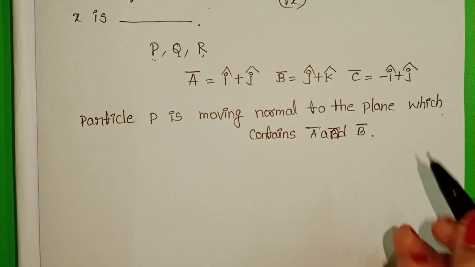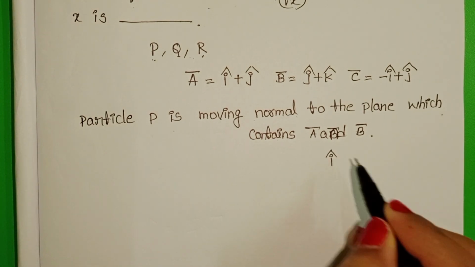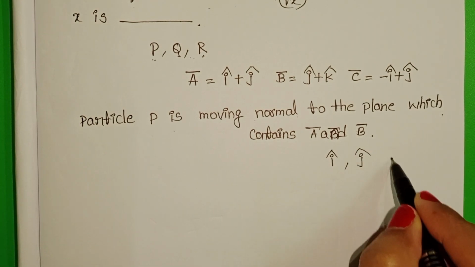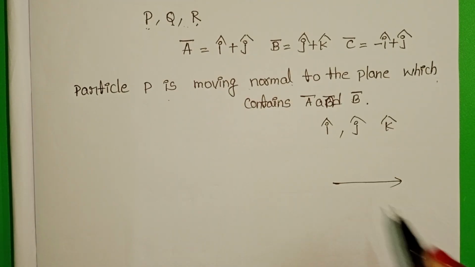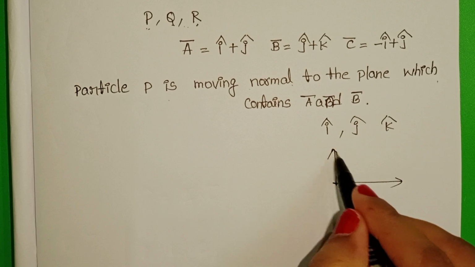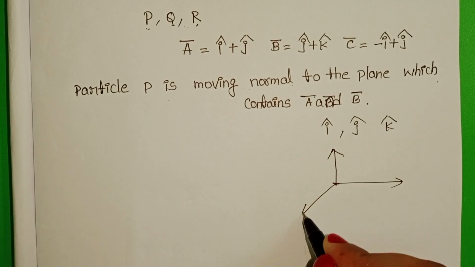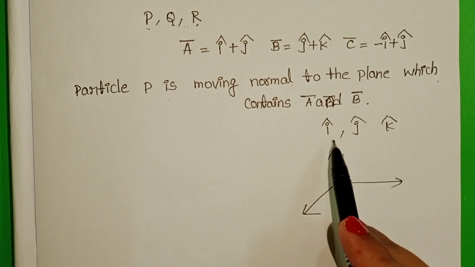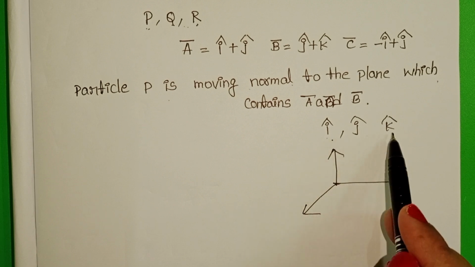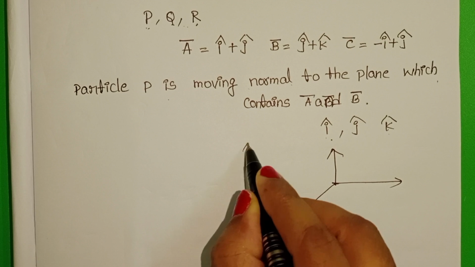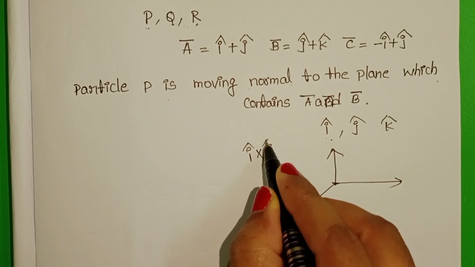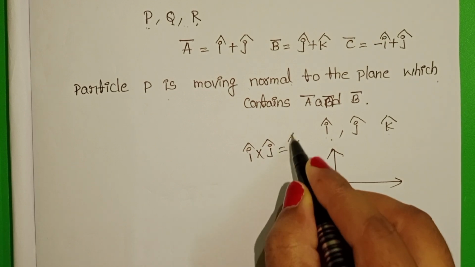Let us take the unit vectors i cap, j cap and k cap. i cap is acting along the x direction, j cap is along the y direction and k cap is along the z direction. The angle between any two unit vectors is equal to 90 degrees. The cross product of i bar and j bar is, we know, k bar.